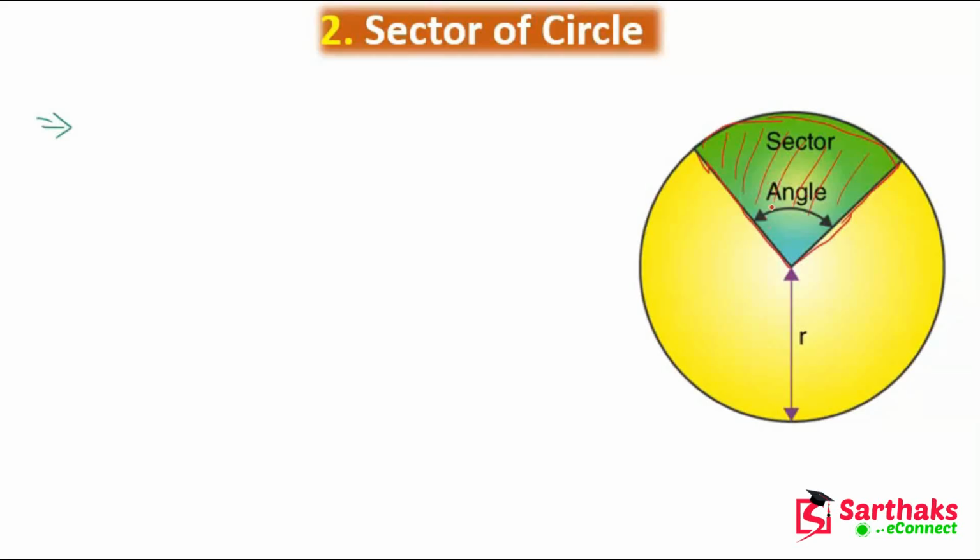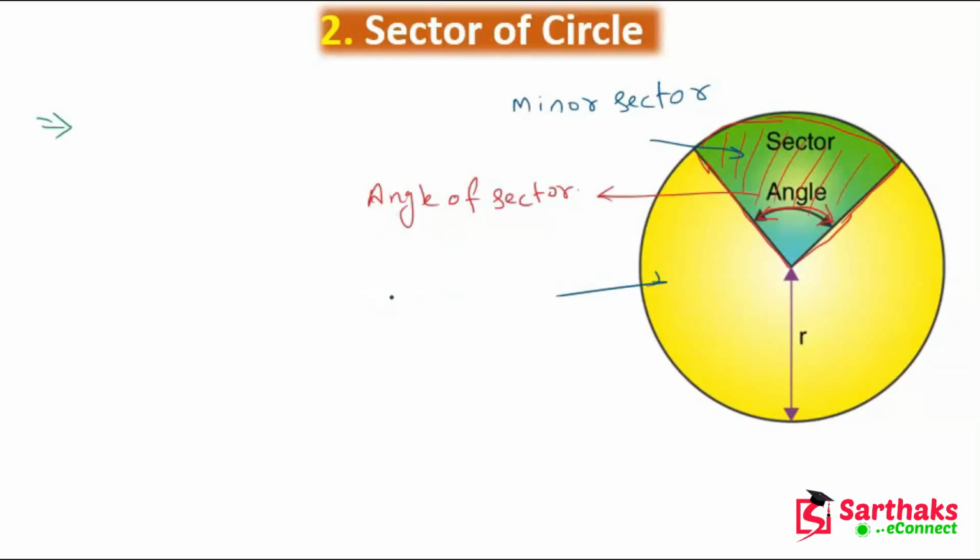This is the angle of this arc, of this sector. This is the angle of the sector. Now the circle is divided into two parts: the first part is the minor sector, and the second part is the major sector.